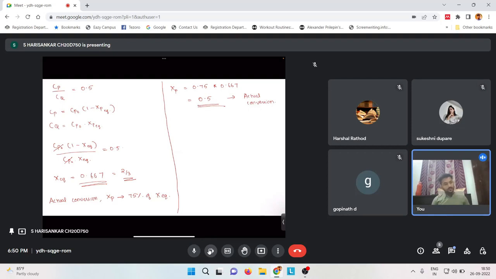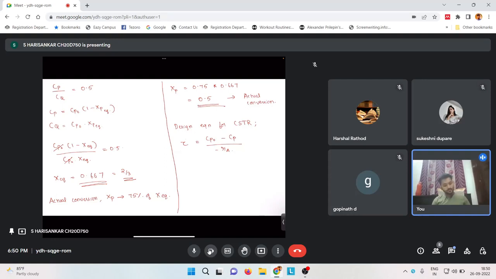Now we can go with the design equation for CSTR. So for the design equation, tau is equal to Cp0 minus Cp by minus Ra. What we need to find here is the space time tau. So now all we have to do is substitute all these values.